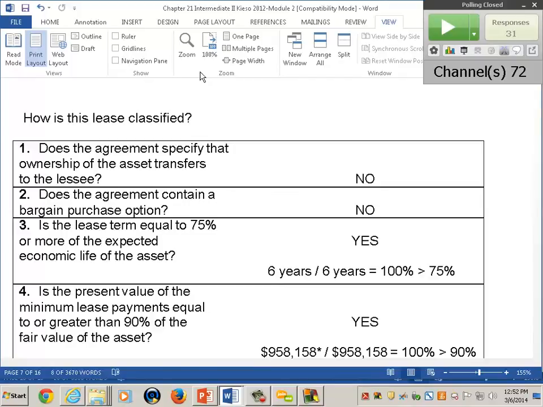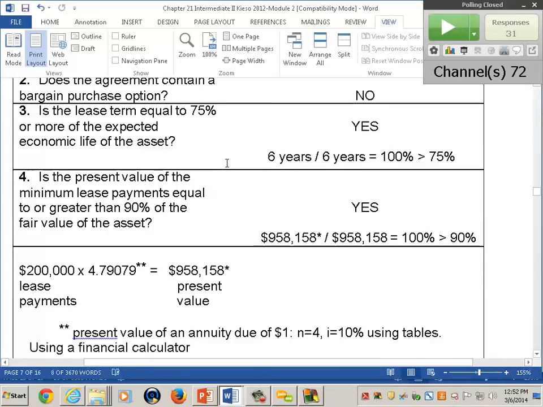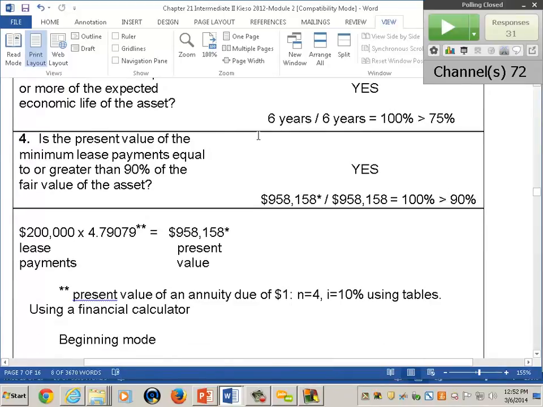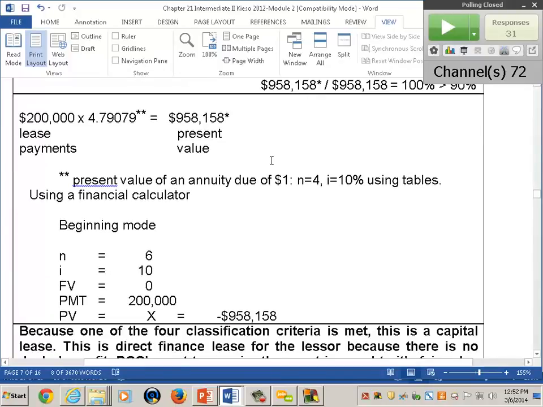So if this was an exam, you'd have to also show me that the 90% test is met as well. We know what the present value is going to be, it's just working backwards, but the present value of the minimum lease payments is 100% of the fair value of the asset. You can either use the tables or the financial calculator.